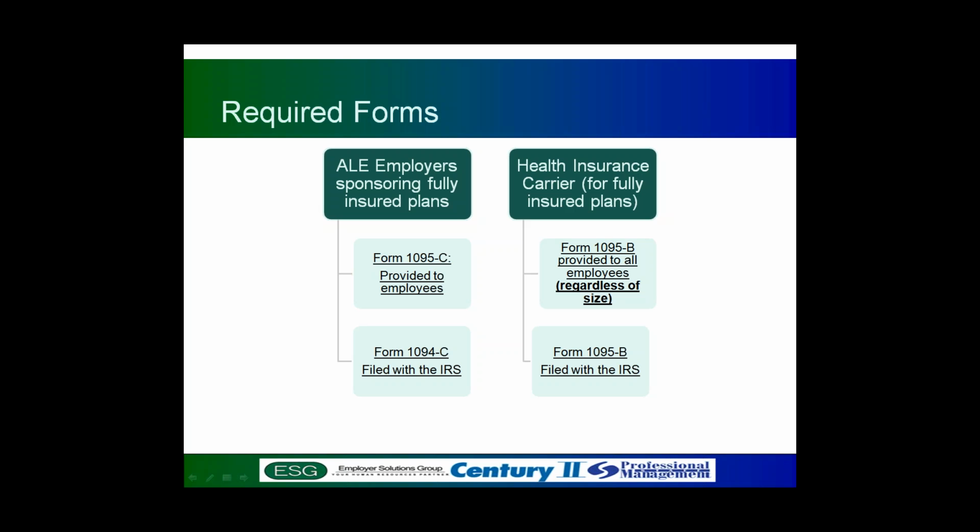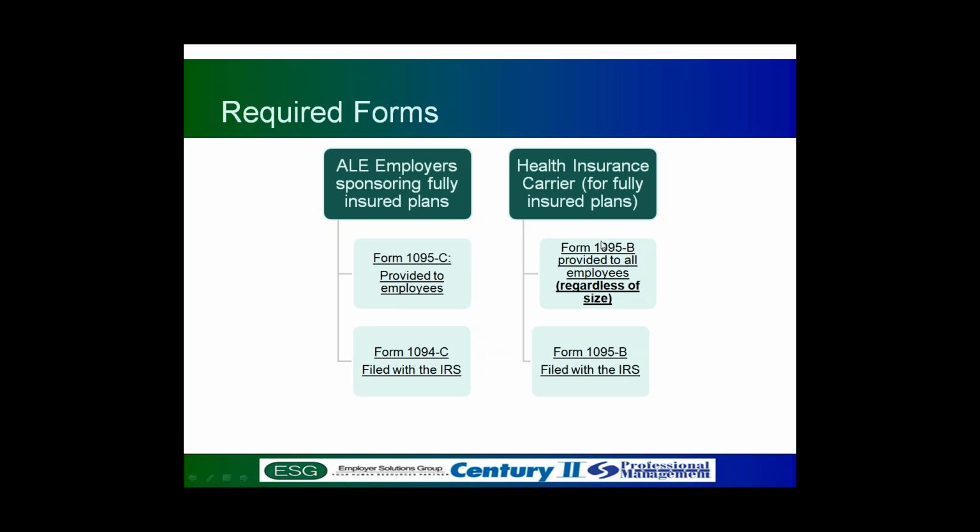Additionally, it lists any of their dependents that are covered on their medical plan. There's also a separate filing that is submitted to the IRS, the Form 1094-C, which essentially is a cover sheet, and it provides additional information and provides copies of all the 1095-C forms that are going to employees. And that's submitted to the IRS by the end of February in 2015.